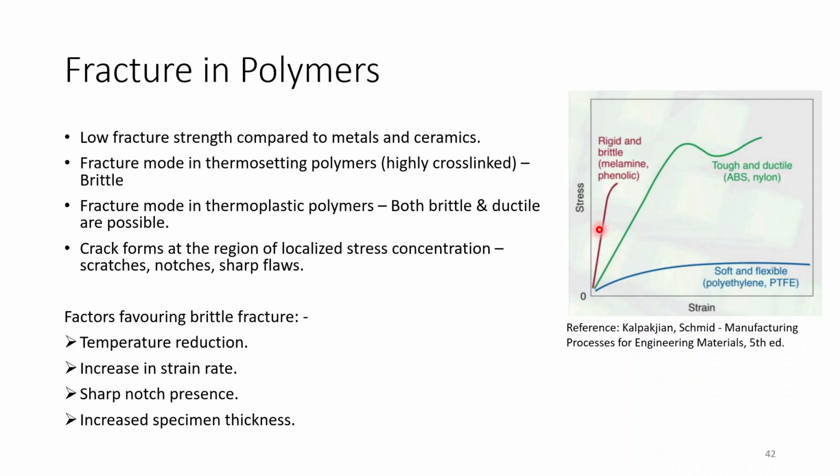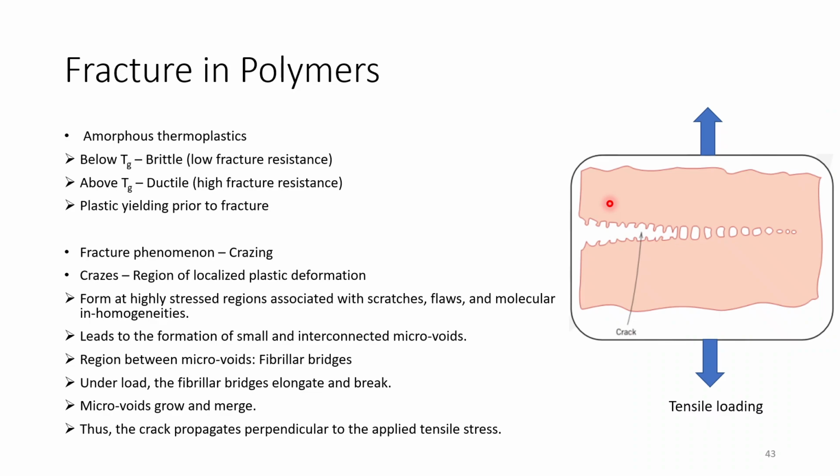If they are rigid and very brittle, then they are melamine and phenolic type polymers. In the case of amorphous thermoplastics below Tg, they act as brittle, so they have low fracture resistance, and above Tg they are ductile, having high fracture resistance.